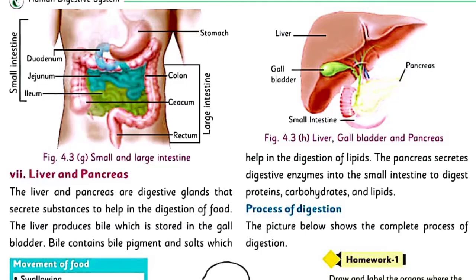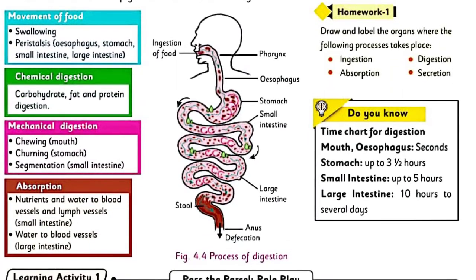Process of digestion. The picture below shows the complete process of digestion. Movement of food: swallowing, peristalsis. Chemical digestion: carbohydrate, fat and protein digestion.